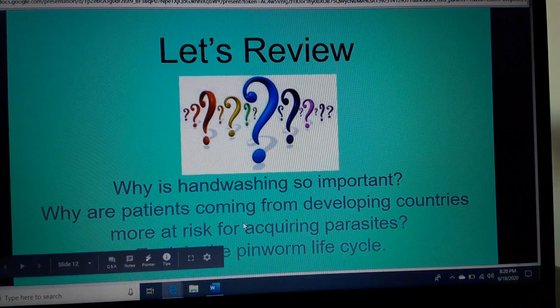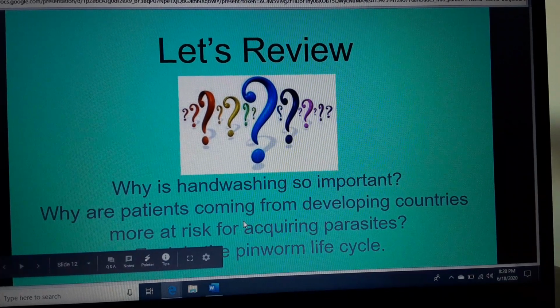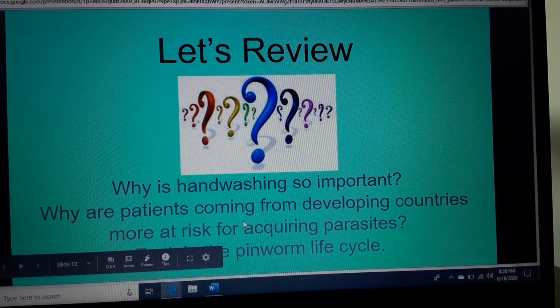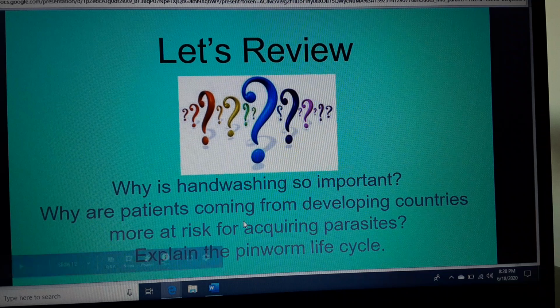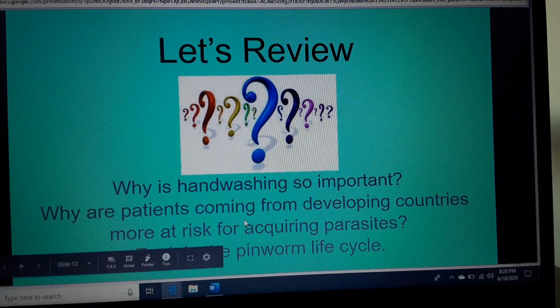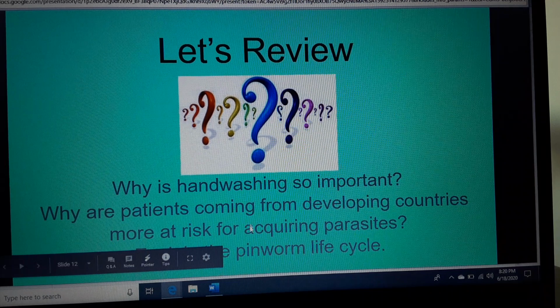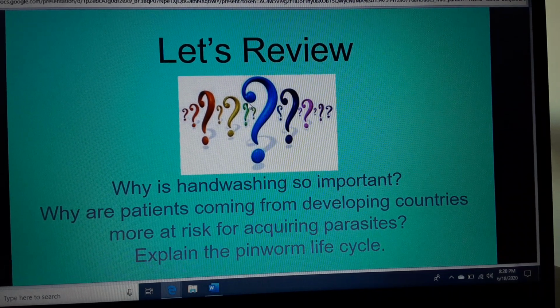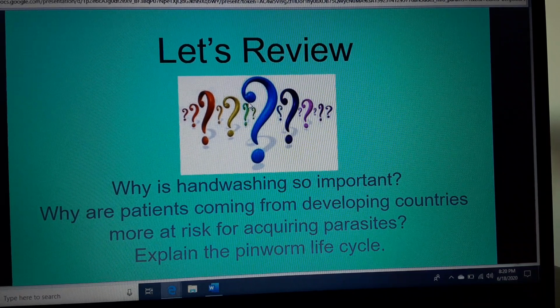So why is hand washing so important? We all know it's important, but why? Hand washing is important because it washes bacteria and parasites off of your hands. That way they cannot be ingested or even re-ingested, such as in cases of the pinworm. And why are patients coming from developing countries more at risk for acquiring parasites?